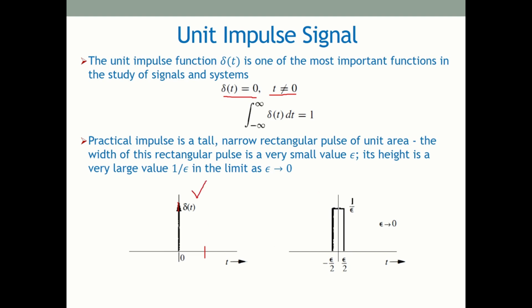This is the example of an ideal unit impulse, but practically we have impulses like these where the width of the signal is very narrow, and the height is the reciprocal of the width, because by definition the area under the unit impulse is equal to 1. To keep that area equal to 1 even in practical impulses, the width and the height are reciprocal of each other. If we multiply them to find the area, or take the integral, this will again give us 1.